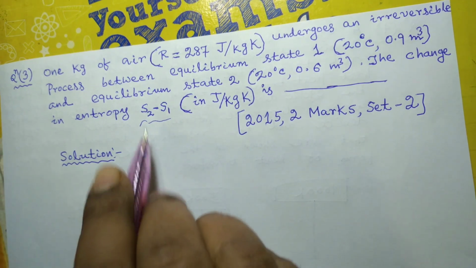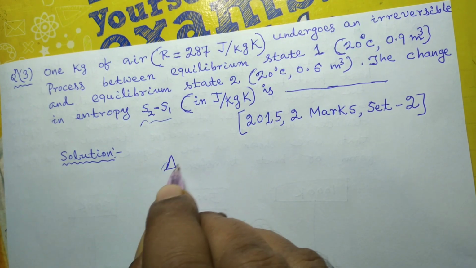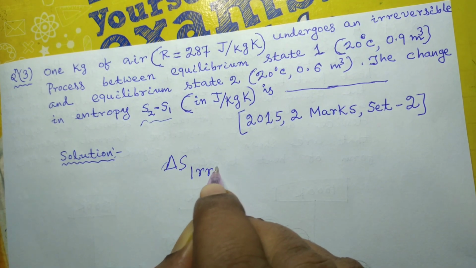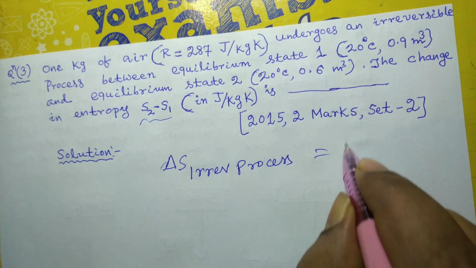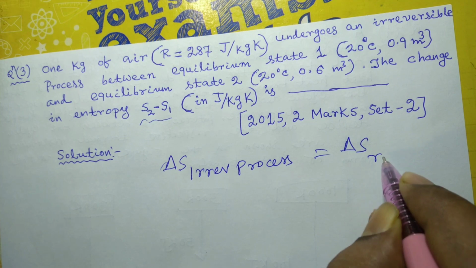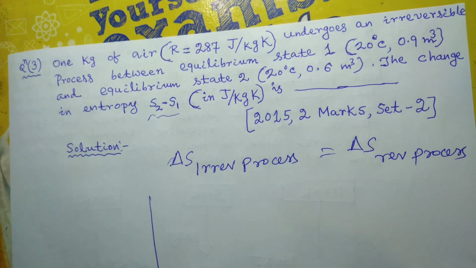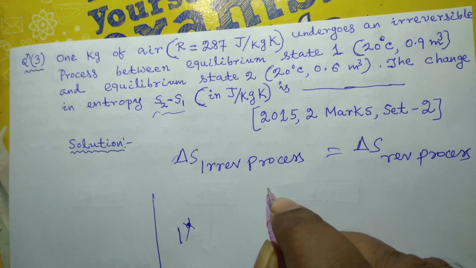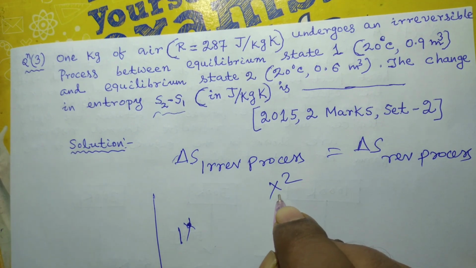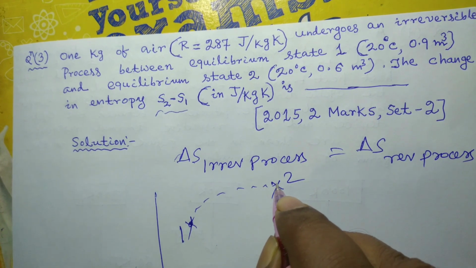It is in fact an irreversible process, but we know that delta S for an irreversible process is equal to the change in entropy of a reversible process between the same two end states. Suppose state 1 is this one, an equilibrium state, and state 2 is another equilibrium state. Suppose this is an irreversible process.